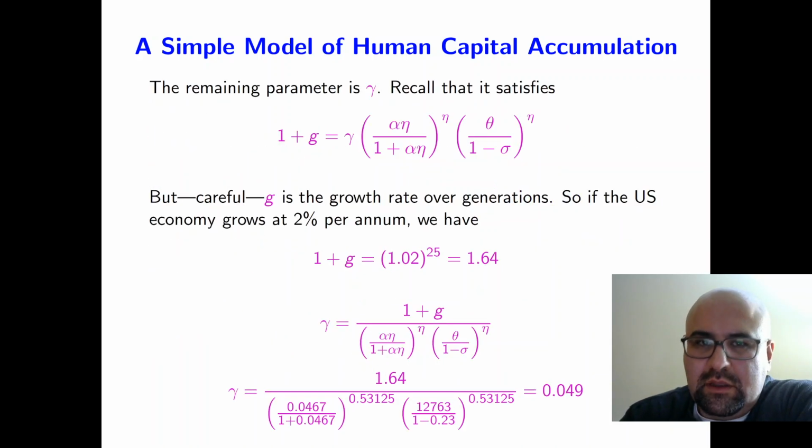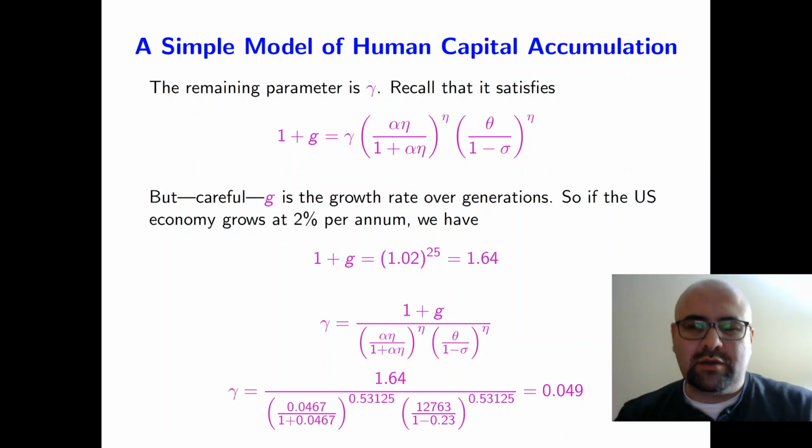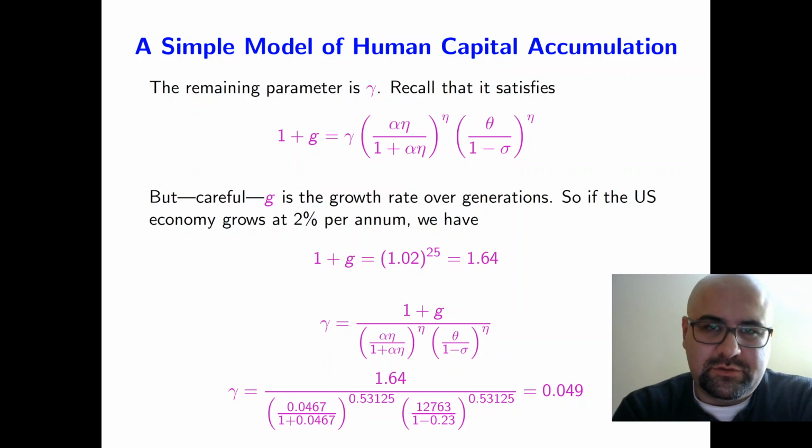So the remaining parameter is gamma, and gamma will be calibrated with a particular target of growth rate, okay? This is again a typical thing in growth economics, because usually we have this observed growth rate, right? And in the U.S. economy, that glorious number is around 2%, 2% per year.